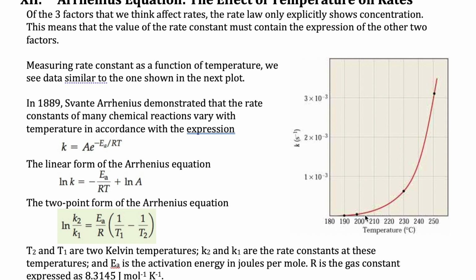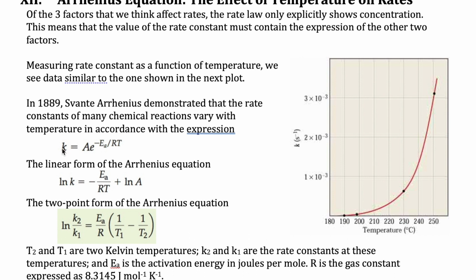So you can see that as you increase temperature, the rate also increases. But because rate is proportional to rate constant and concentration, and the concentration is constant, the rate must be changing because the rate constant is changing. If you look at the shape of that plot that follows the data points, it has an exponential form.